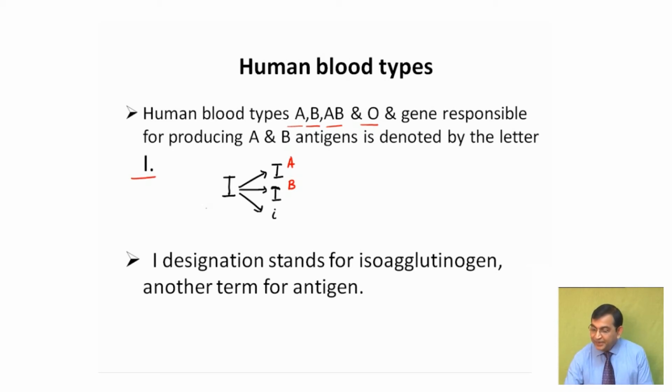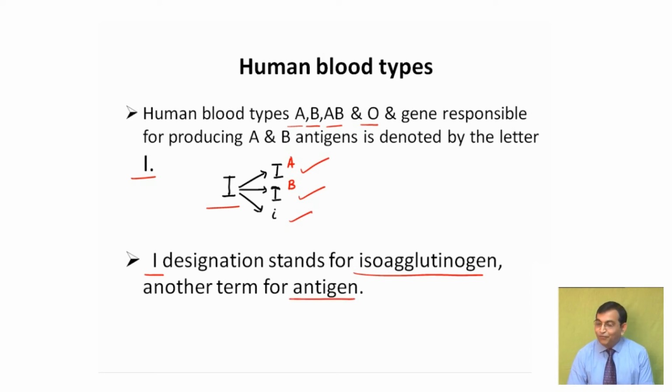One is IA, one is IB and one is small i. The I designation stands for isoagglutinogen, which is another term for antigen.